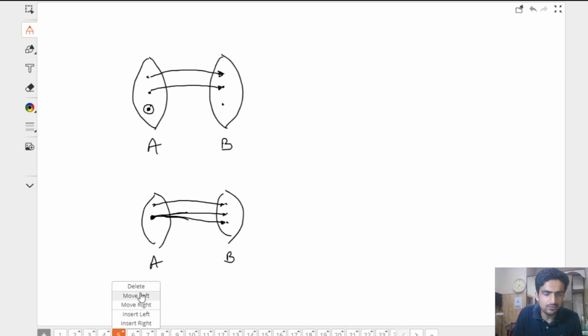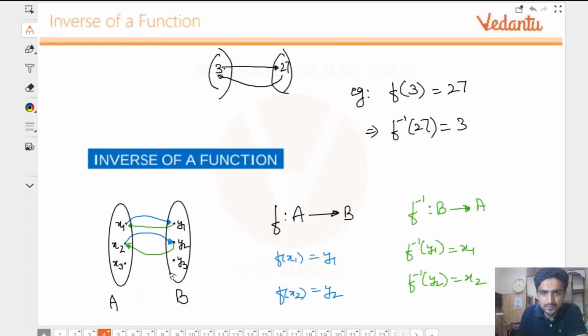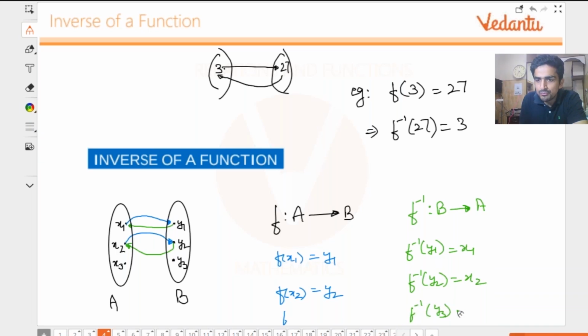Now guys, a very simple observation. If the function is not onto, like this example, nothing is coming to y3, then clearly when I take the inverse, f inverse of y3 will go nowhere.